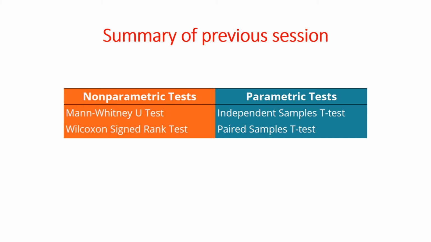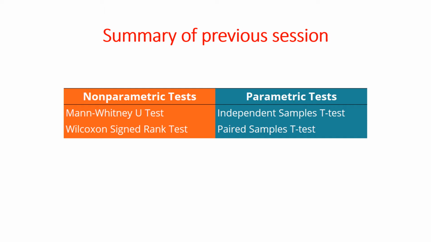On the other hand, if the data are not independent from each other and they're paired and coming from the same group of participants, then we use the paired sample t-test, which is a parametric t-test. But if again an assumption is violated, we need to use the Wilcoxon signed rank test. And when it comes to t-test, we have three assumptions: the normality of distribution, independence of the data, and homogeneity of variance.